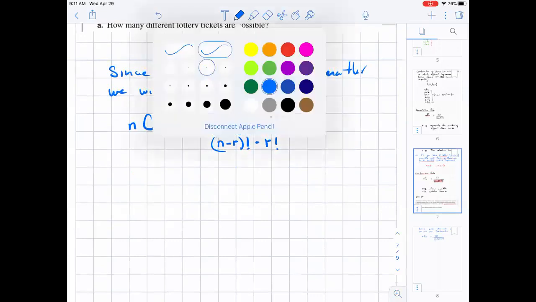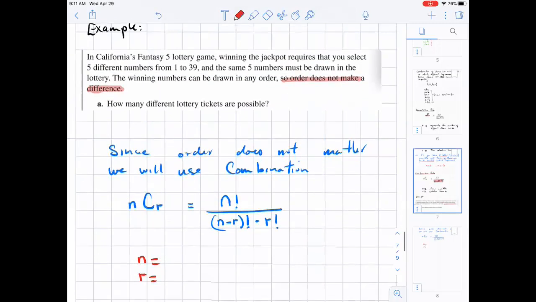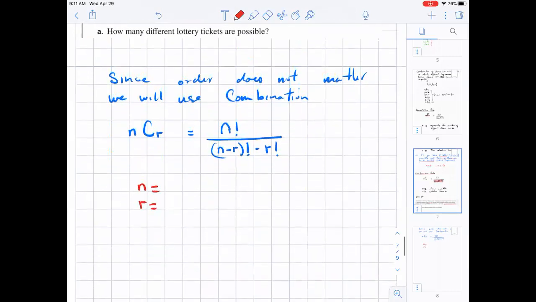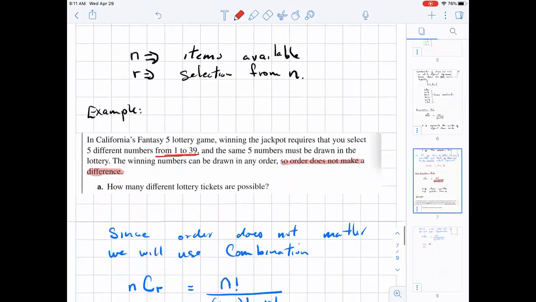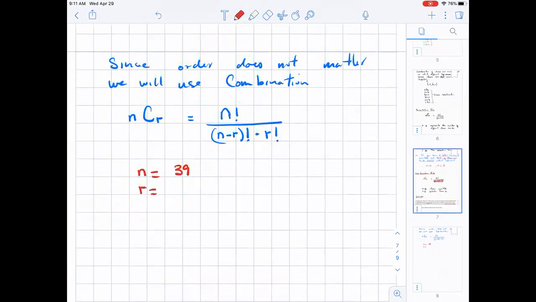So the question is, what is n and what is r in this scenario? Well, we're choosing numbers from 1 to 39, so that includes 1 up to 39. So n here will be 39. And you select 5 numbers, so r here would be 5.